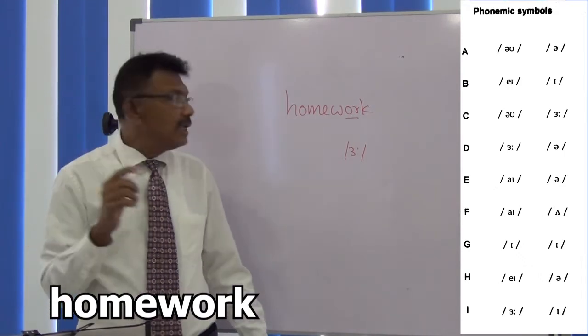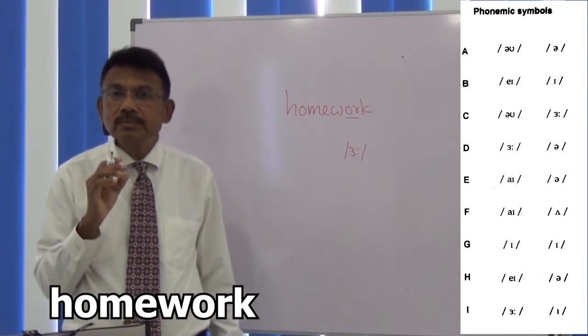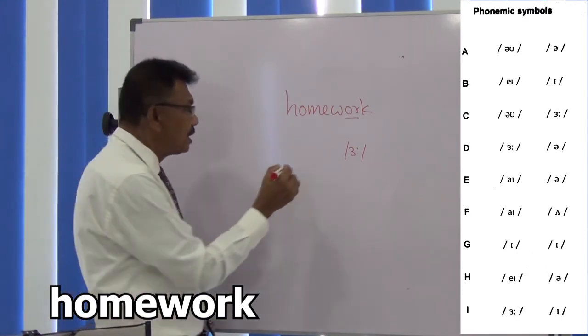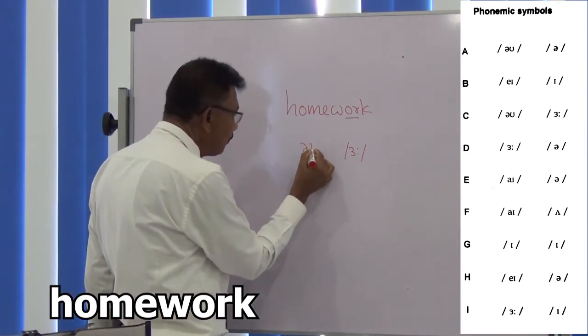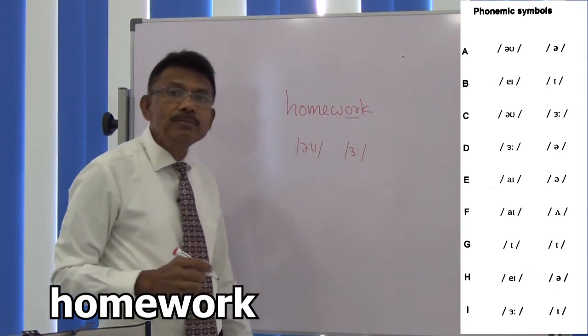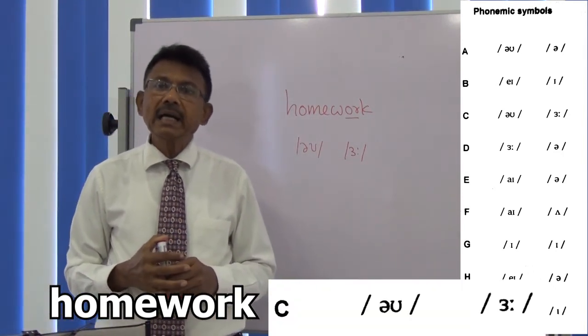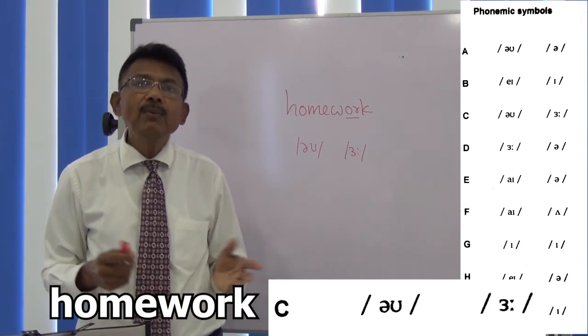Here, is this home or home? The correct pronunciation is O. Homework. So C is that. Your answer is correct. Homework.